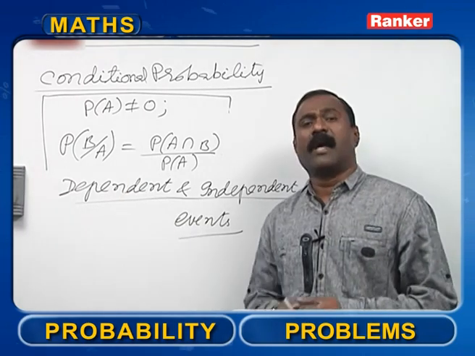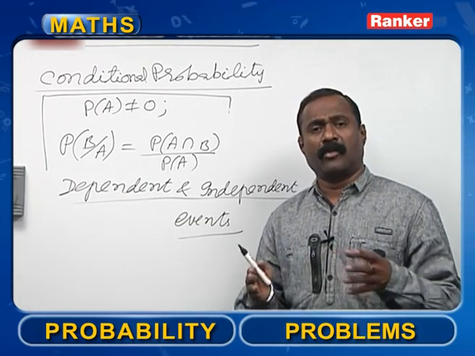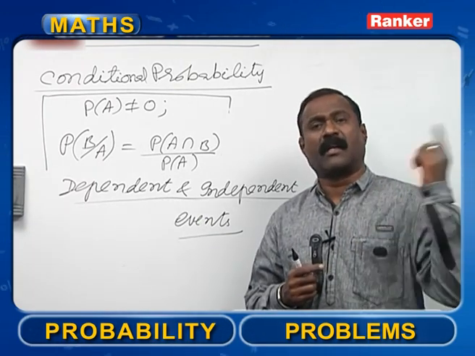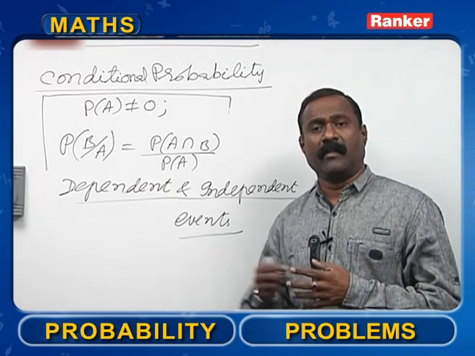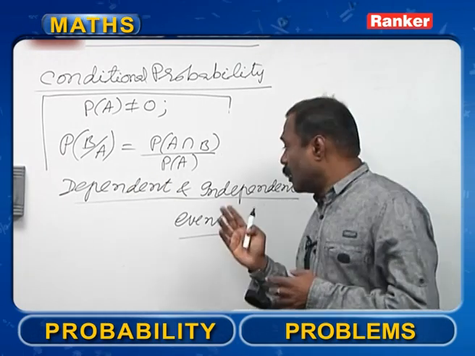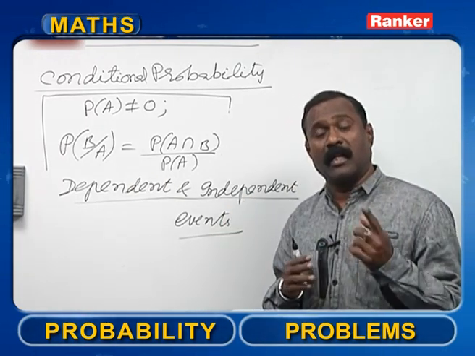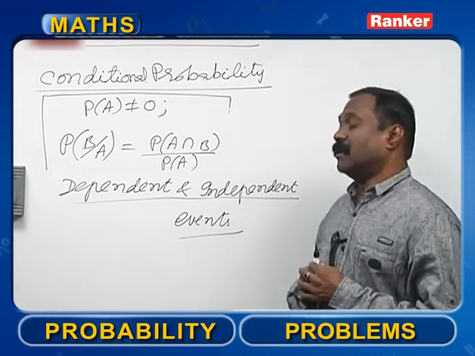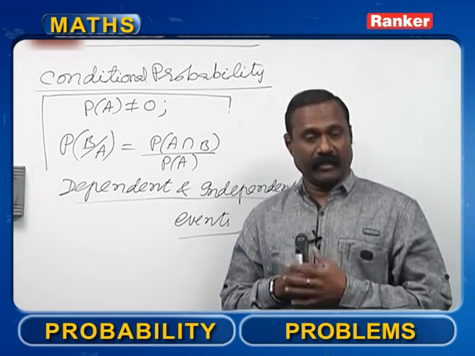Simple. In the name itself you have that. Dependent events are those where the occurrence of one event influences the occurrence of the other event. If the occurrence of one event does not influence the occurrence of another event, then they are said to be independent events.